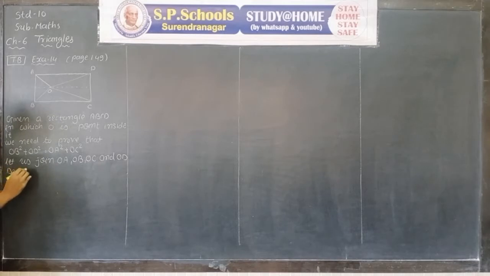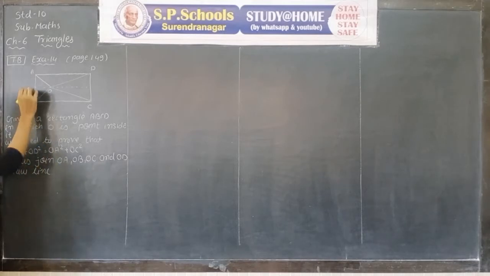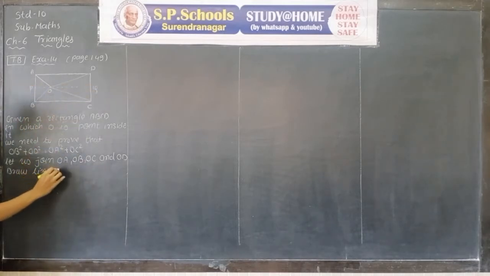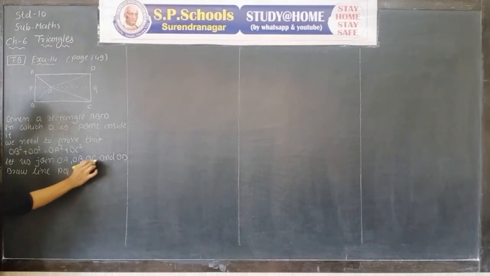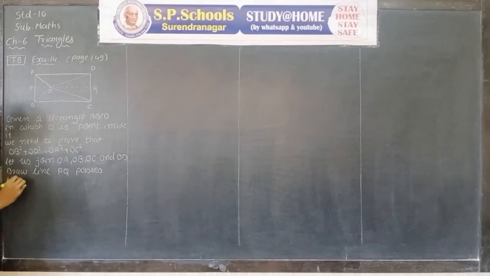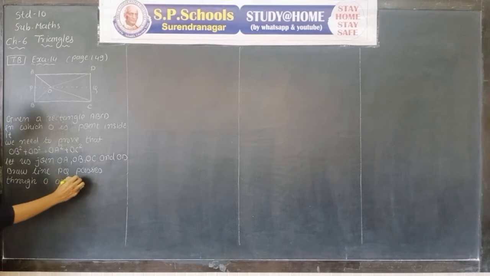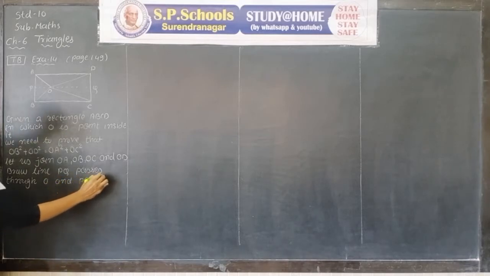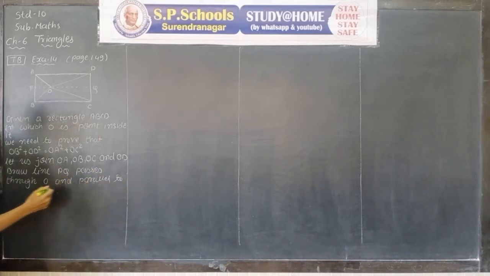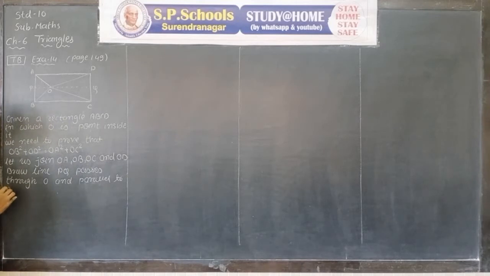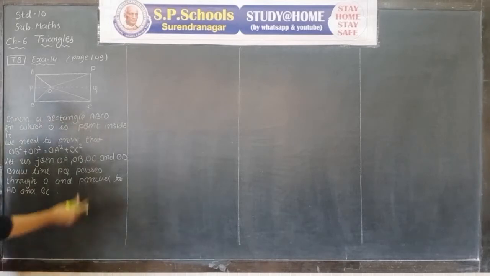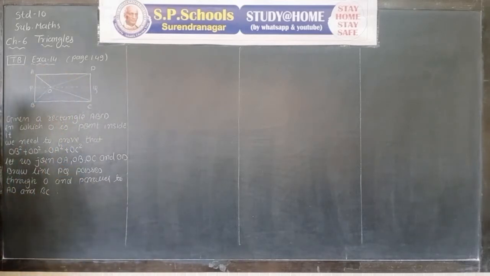Draw line PQ passing through O and parallel to AD and BC. You should also try drawing a line parallel to AB and CD, which is also possible.